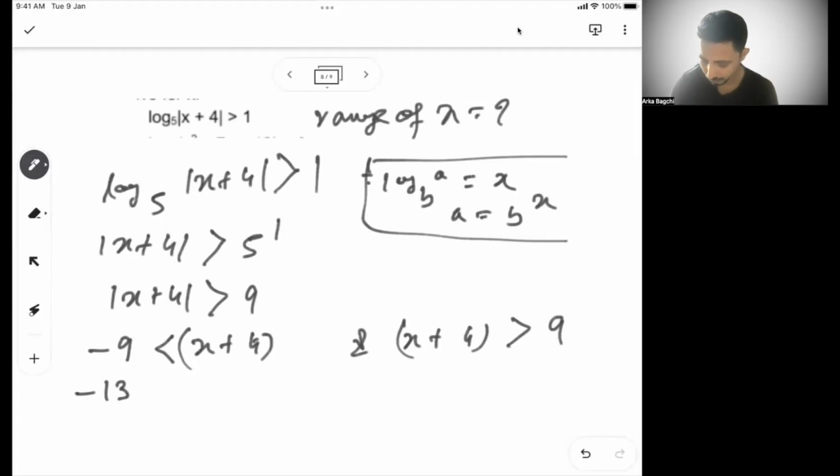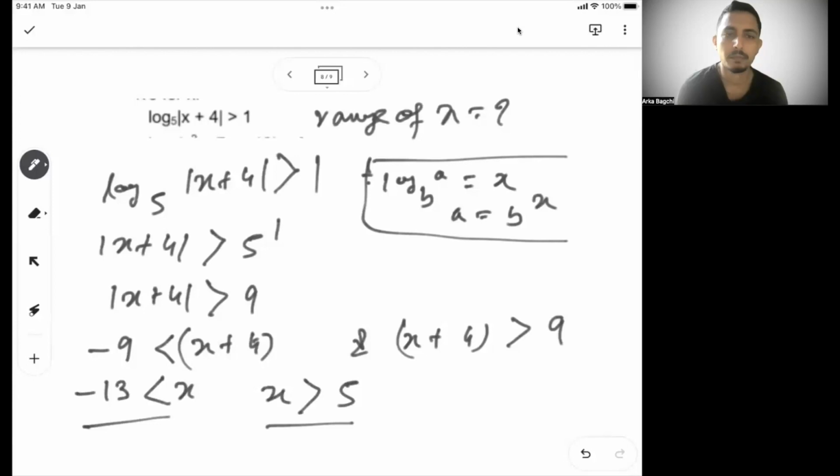So minus 13 less than x and x greater than 5. Right? So these are the two ranges of x. Okay. Sorry, this is 5, but this is not 9. This is 5. So this will be 5.